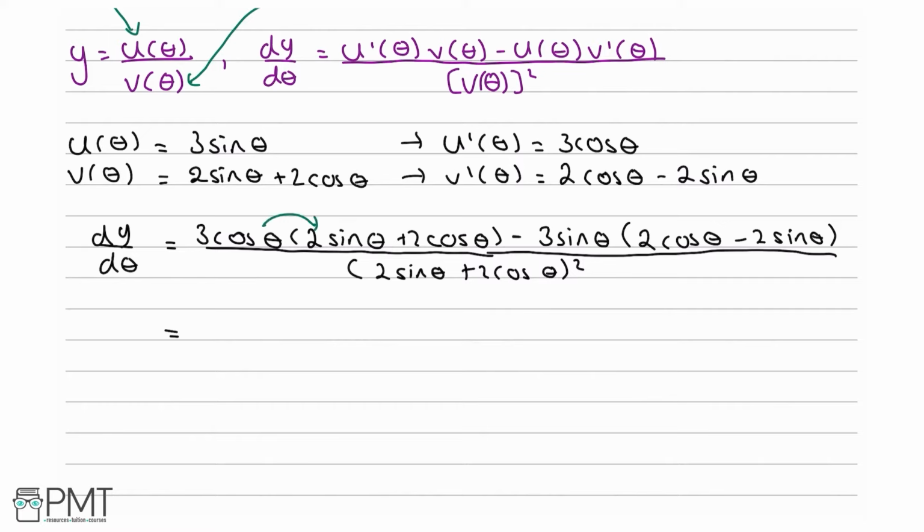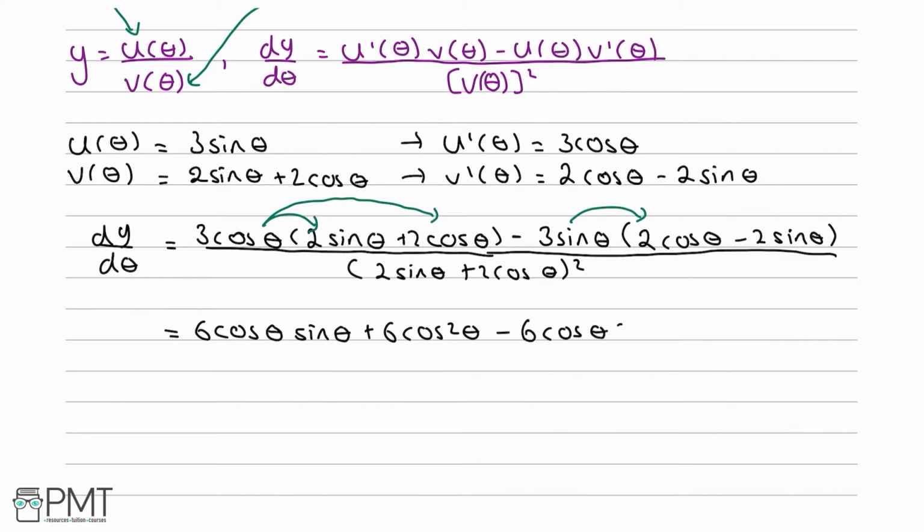So 3 cosine theta times 2 sine theta gets us 6 cosine theta sine theta. 3 cosine theta times 2 cosine theta gets us 6 cosine squared theta. Then minus 3 sine theta times 2 cosine theta is minus 6 cosine theta sine theta, and minus 3 sine theta times minus 2 sine theta is positive 6 sine squared theta.